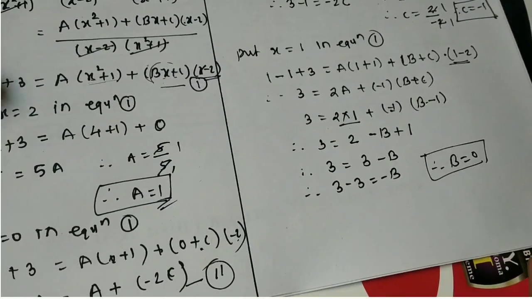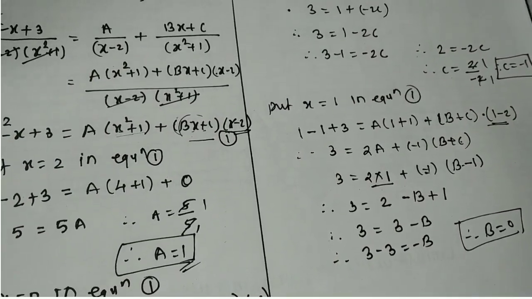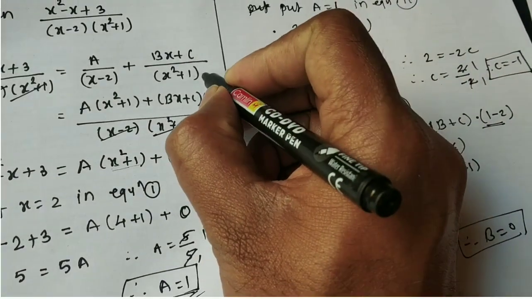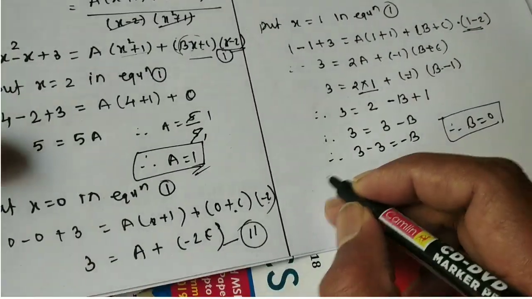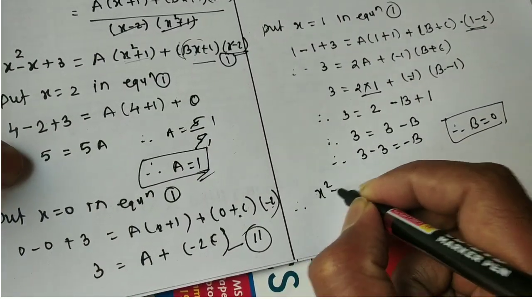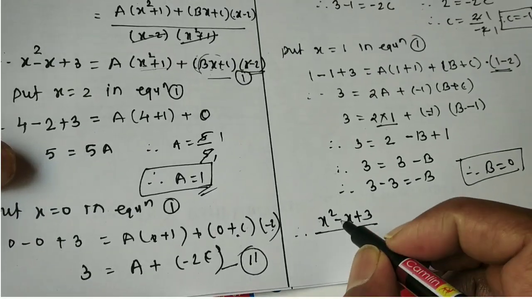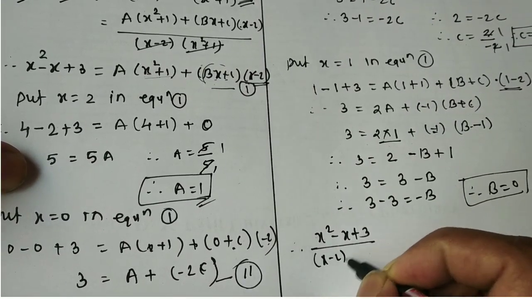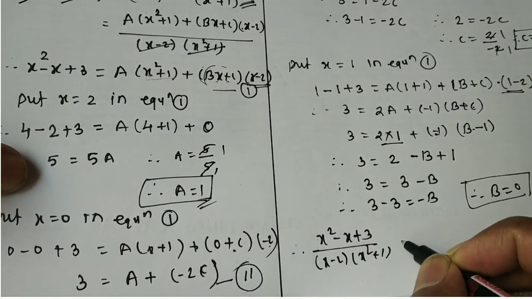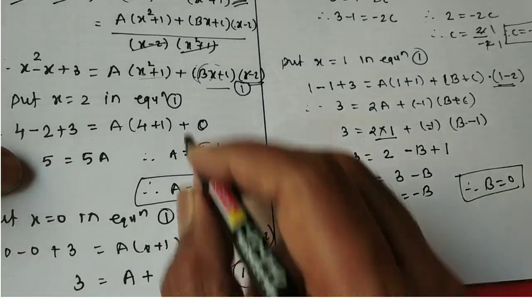Now I will replace all these values in equation first. Therefore x square minus x plus 3 divided by x minus 2 into x square plus 1 is equal to, a is 1, right?